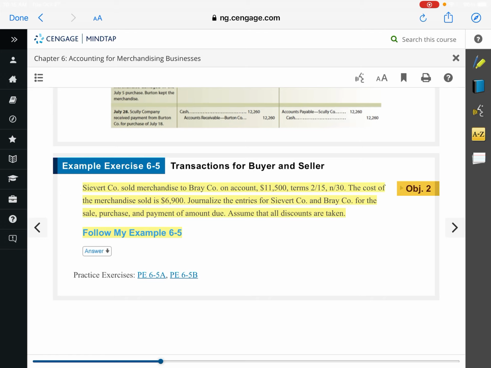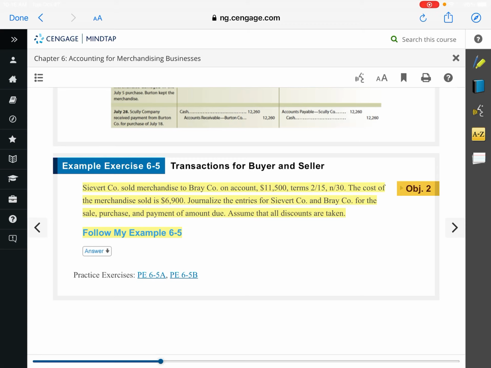Yeah, accounts receivable. So they sold it on account. So we're going to record accounts receivable, which is an asset. So this is a promise to pay from our customer. All right, what amount would we record for that accounts receivable? Right, the 11,270. So we sold 11.5 worth of goods, but we offered them a discount, and we know they're going to take it.